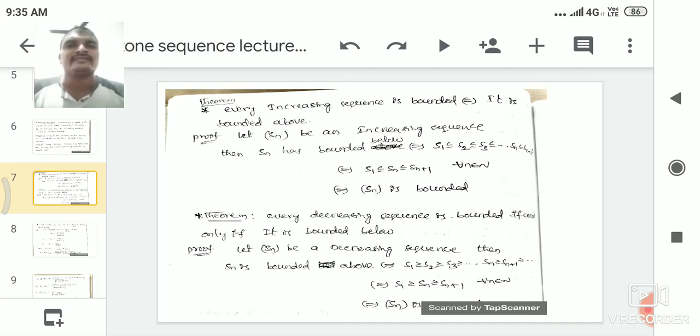So whenever a sequence is increasing or decreasing and it is bounded, then it is bounded below as well as bounded above. What is the meaning of a bounded sequence? It is bounded below and bounded above. Okay, next slide.